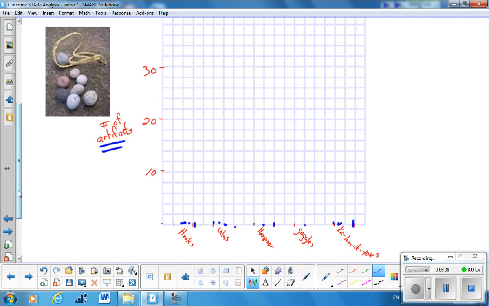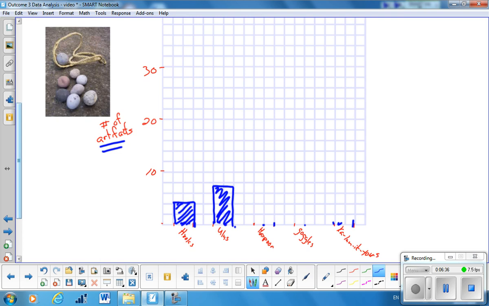We can start filling in our information. So hooks, there were 4 hooks found. In my graph, each square represents 2 hooks, so I'm going to go 2 squares high to get 4. Ulas, there were 7, so 2, 4, 6, and half a square gives me 7. Remember, again, we need to leave some empty space in between the bars on our bar graph.